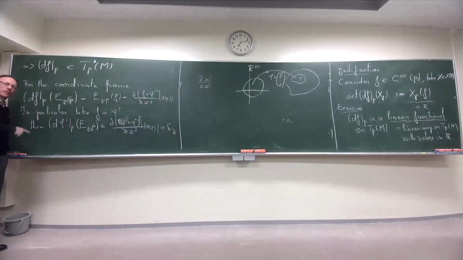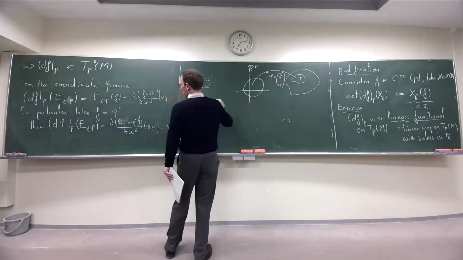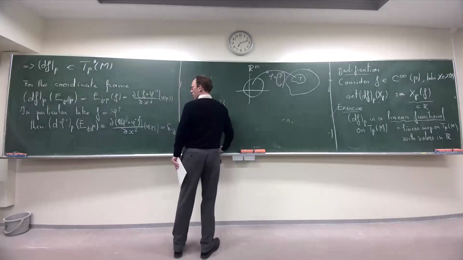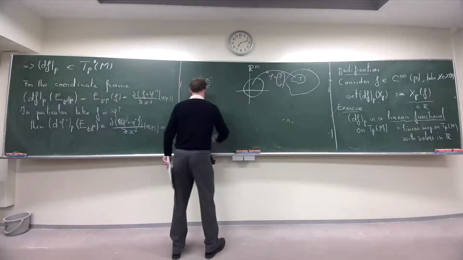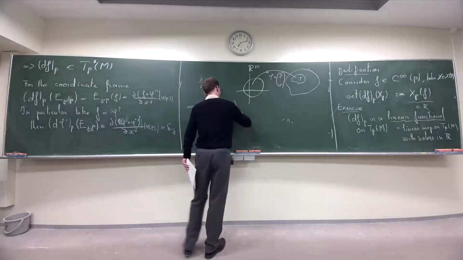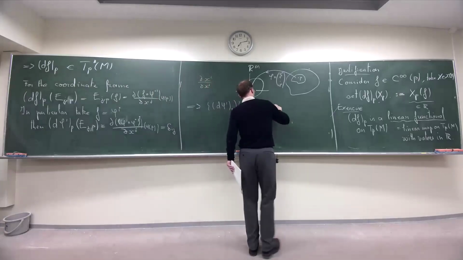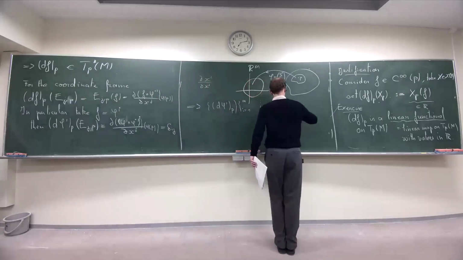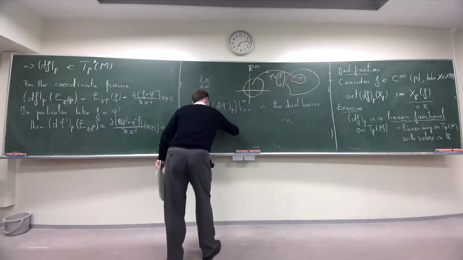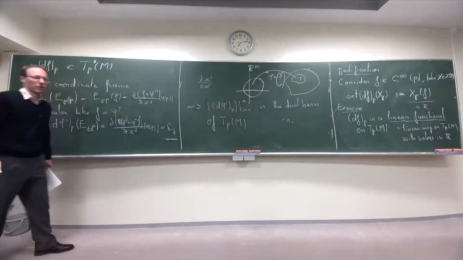So it means we have just defined a dual basis. It implies that the set d phi_i at p, if I take all i from 1 up to m, is the dual basis of T_p M. It satisfies exactly the relation that I mentioned before.